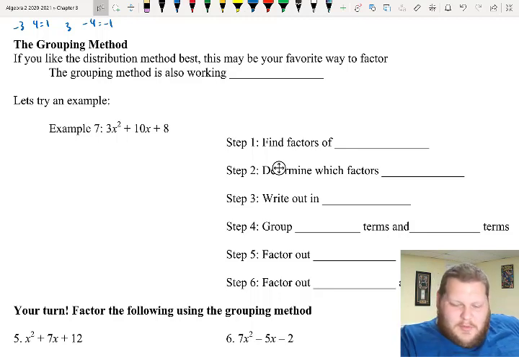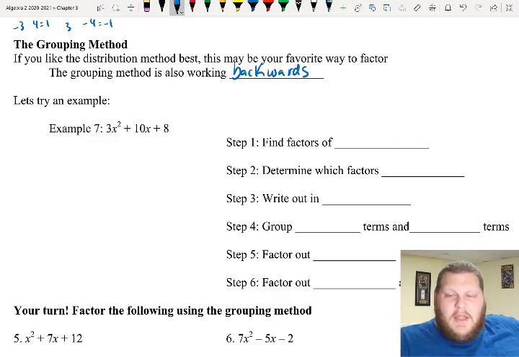I was thinking before I was looking at this that this is a different factor by grouping, which we'll talk about in a later section. But this is basically kind of distribution backwards. If X-box factoring is box multiplication backwards, the grouping method is distributing backwards.